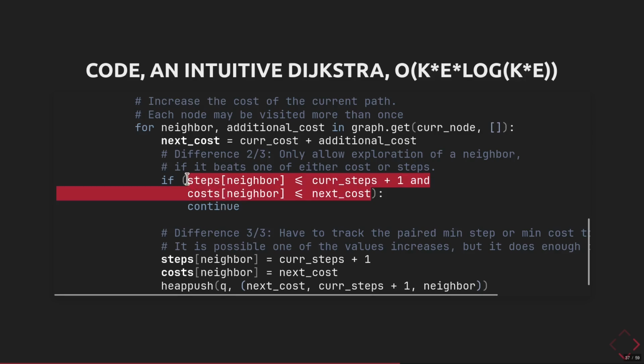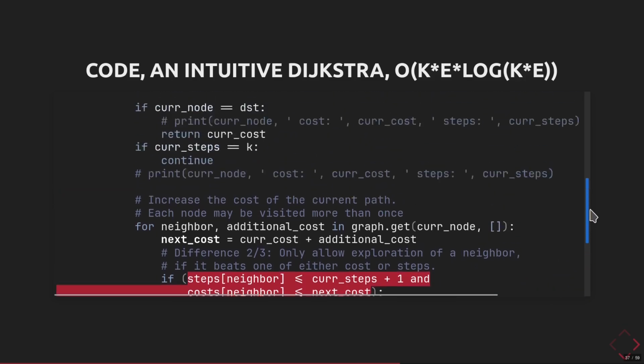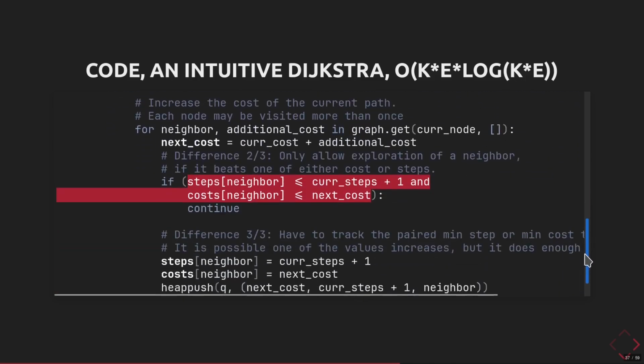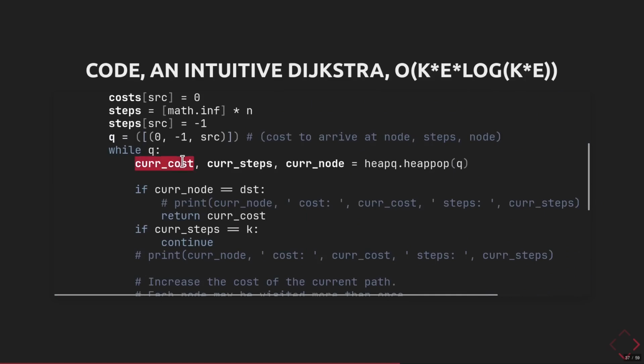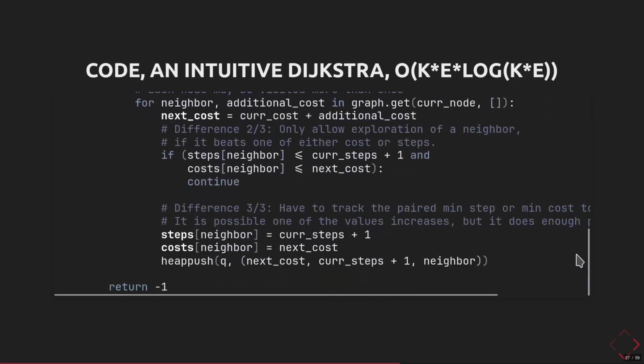Also, if we see something that takes less cost but more steps, we also allow an exploration from that state in the graph. Okay? The heap also synergizes with this solution because when we eventually find that destination, we know it is the minimum cost to arrive at that node.